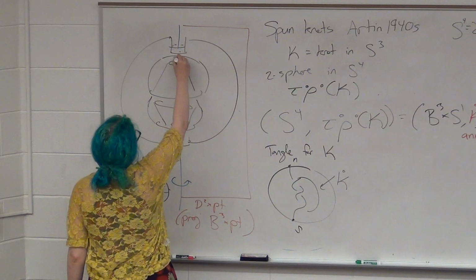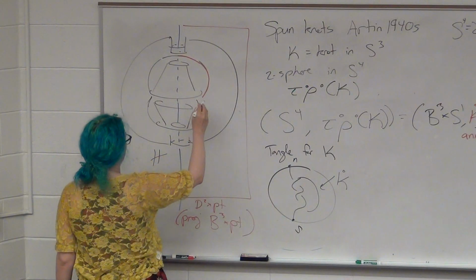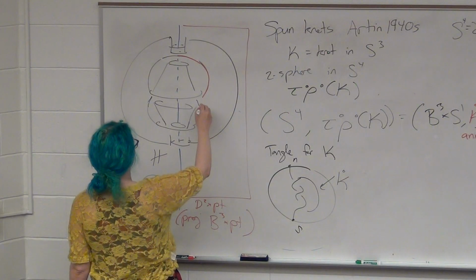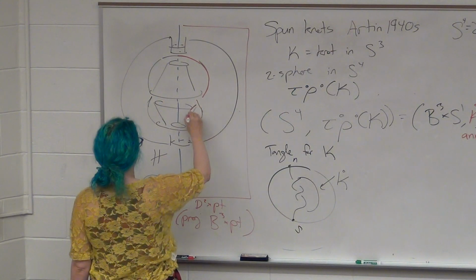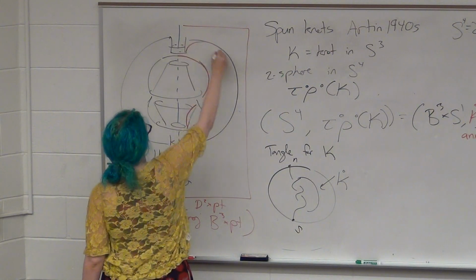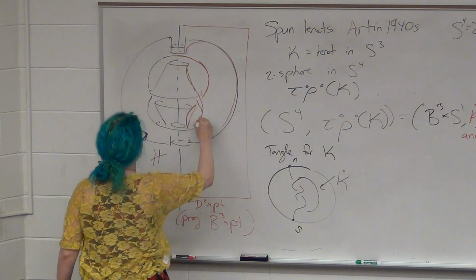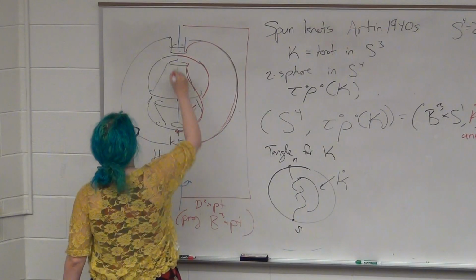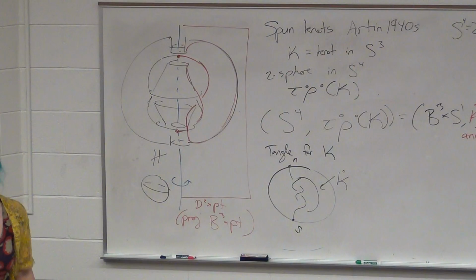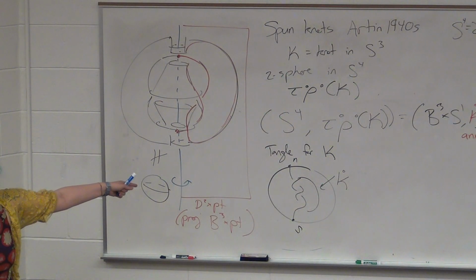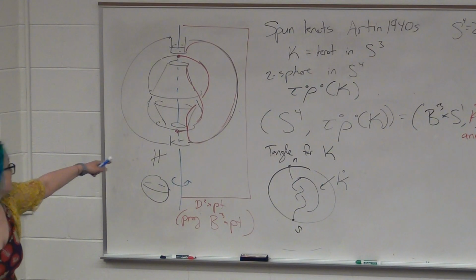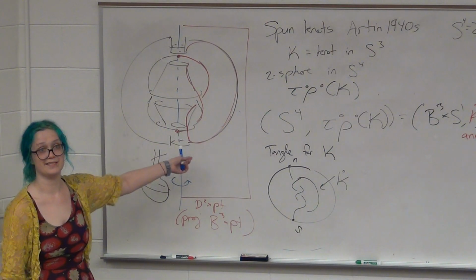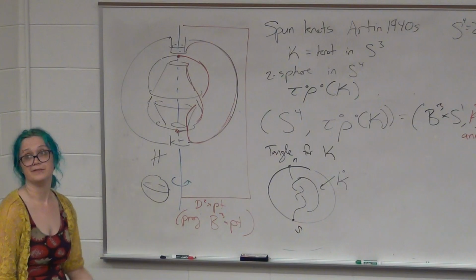It intersects it in a tangle diagram like that. So I have literally a trefoil tangle here. I got this two sphere by just taking a trefoil tangle and spinning it. That's how I do that. So this is the spun trefoil.